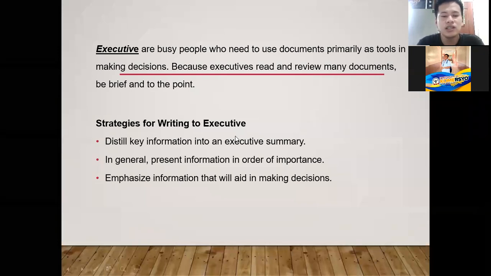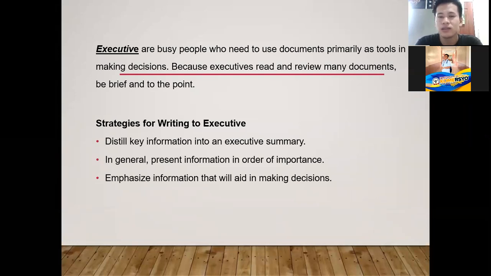Okay, so strategies for writing to executives. Distill key information into an executive summary. That's why an executive summary is brief, a summary. Then in general, present information in order of importance, so the most important comes first.